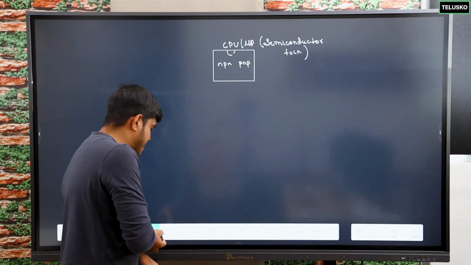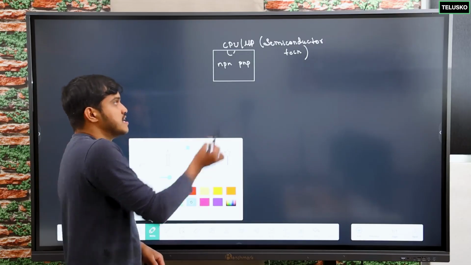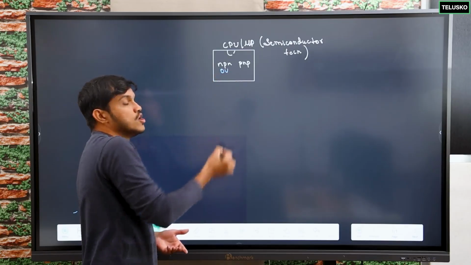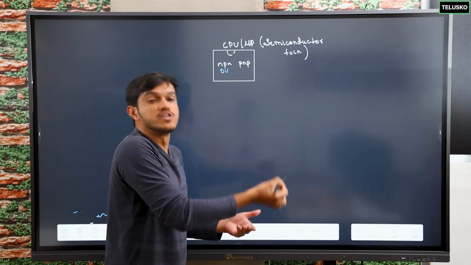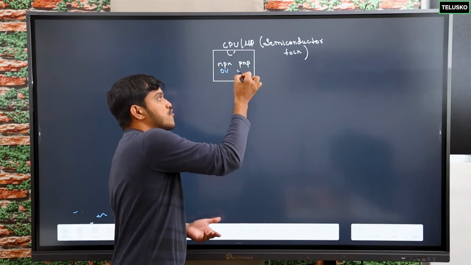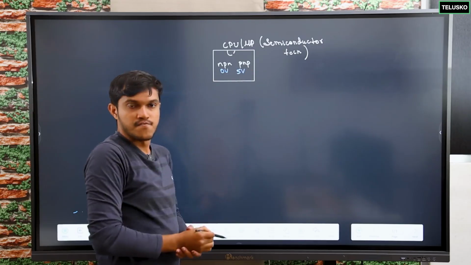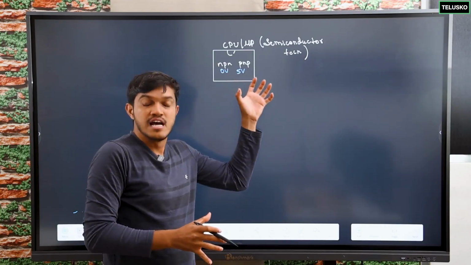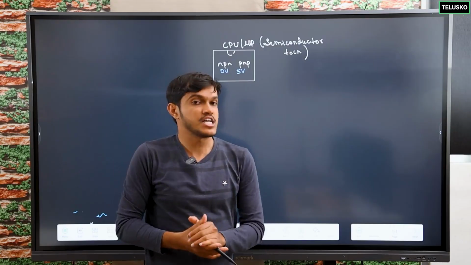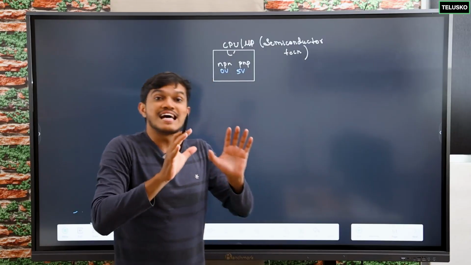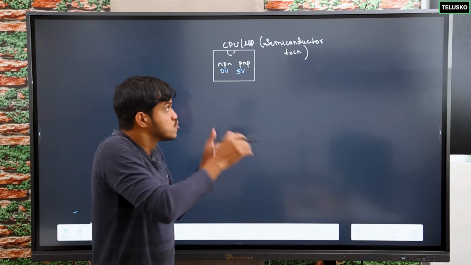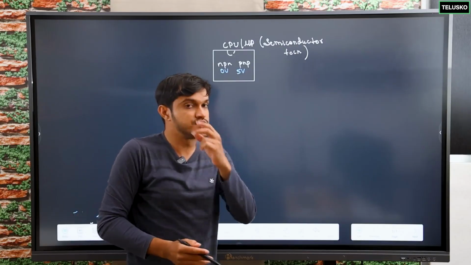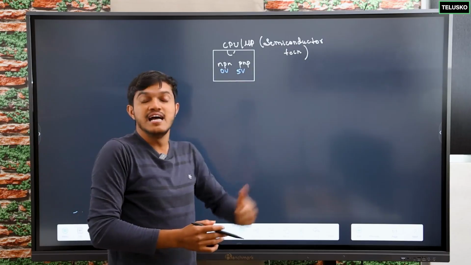Number one, it can understand either low voltage, which you can represent as 0 volts, or it can understand high voltage, which I'll represent as 5 volts. Now, if my CPU processor is a semiconductor technology device, that means transistors are involved in manufacturing this processor, and a transistor understands only two things, low voltage and high voltage.